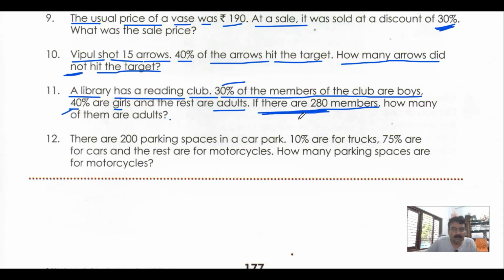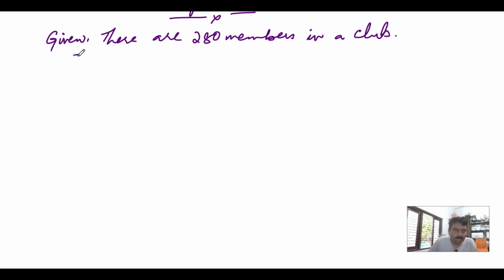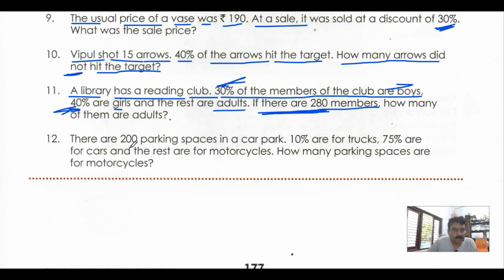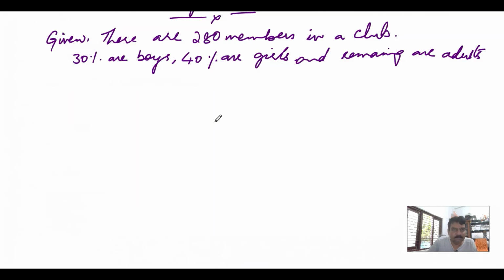Okay, see, 30% are boys, 40% are girls, and remaining are adults. So how many of them are adults? That we have to find out.